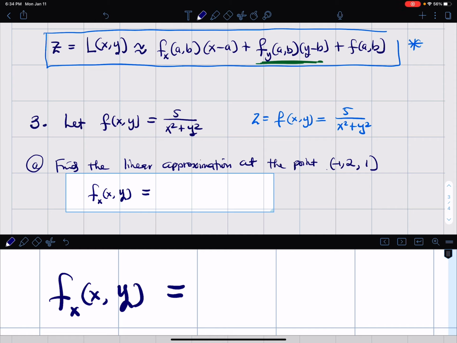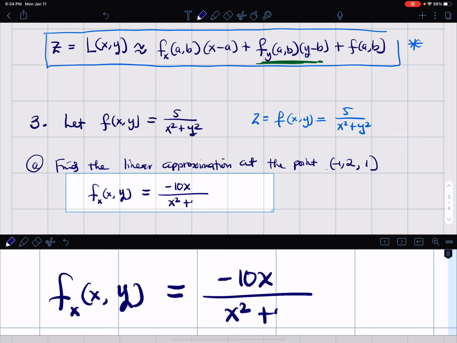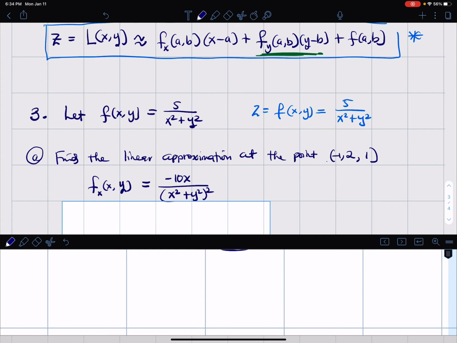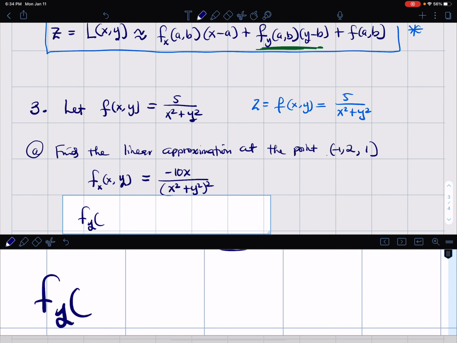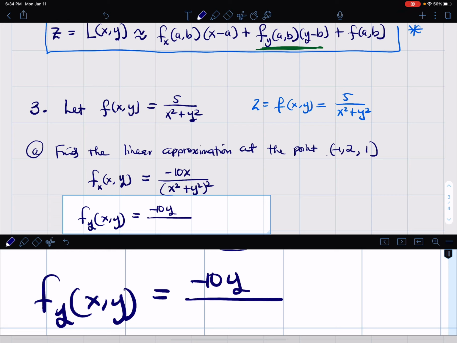I'm going to do the derivative, and I want you to check that this is the correct answer: -10x over (x squared plus y squared) squared. That's what I got. And fy is -10y over the same thing. I'm doing it really quickly because I don't want this video to be too long.